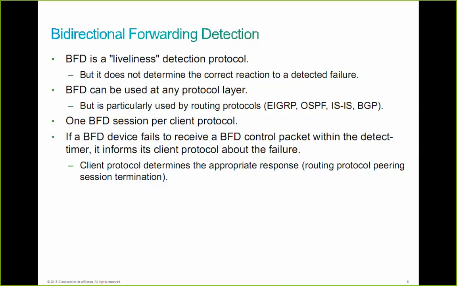Think of it as like a heartbeat, right? What BFD does is it verifies connectivity between two systems. The BFD packets themselves are always sent as unicast packets to our BFD peers, and those are actually UDP datagrams using, what the heck is the port number for BFD?